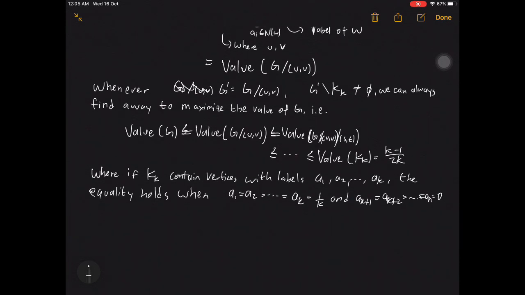You can check that this configuration makes the value of g equal to k minus 1 over 2k.